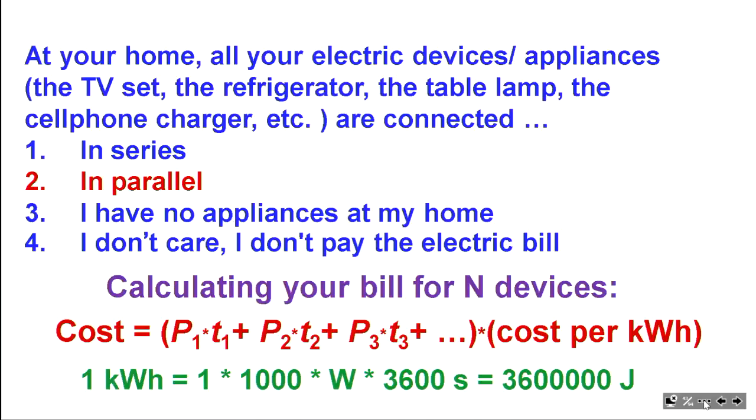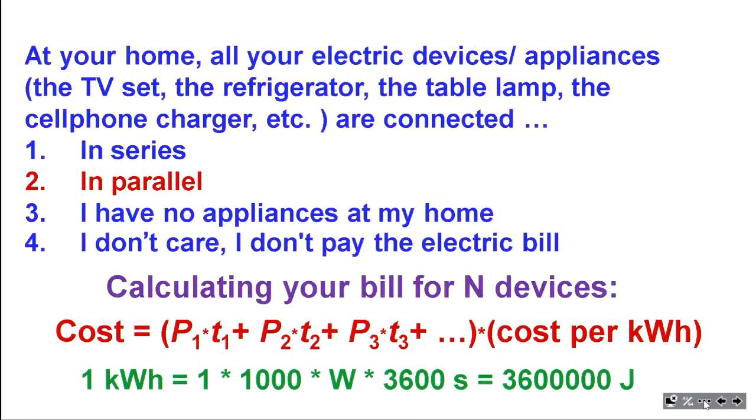And if you want to know how much you have to pay, you can calculate your payment. You know your rate, well, hopefully. So all you have to do is just calculate how much work every single device does. And you can read the power on the back of your device. And if you know how much time you use it, power times time gives you the amount of work done by the first device.